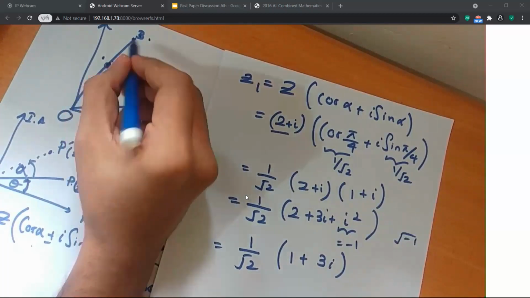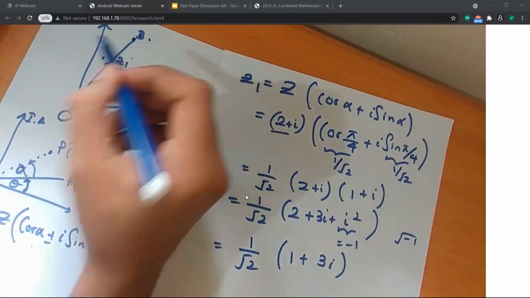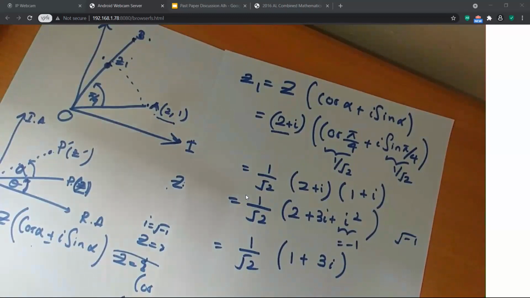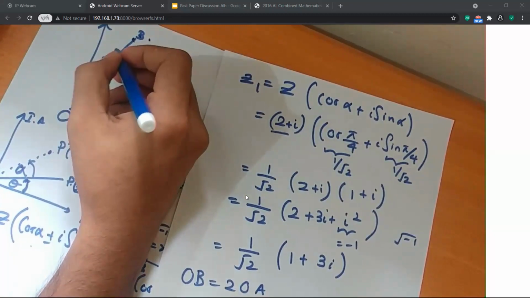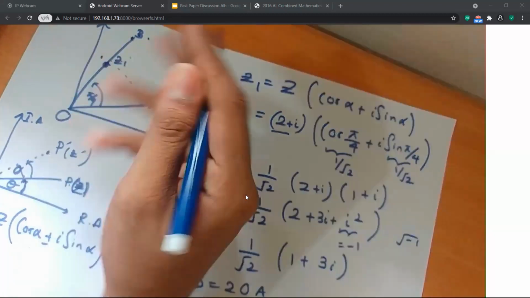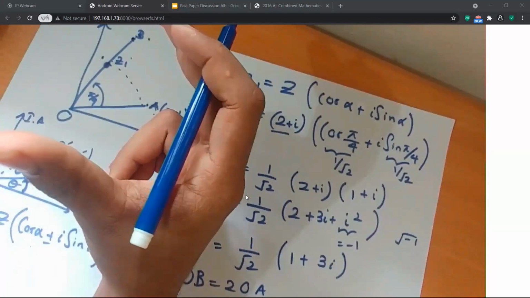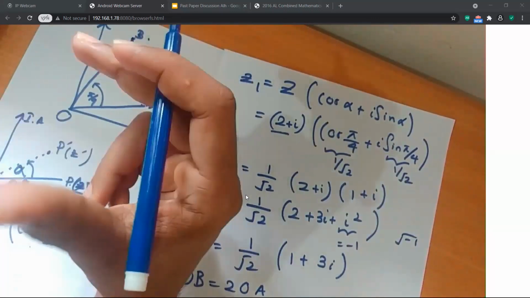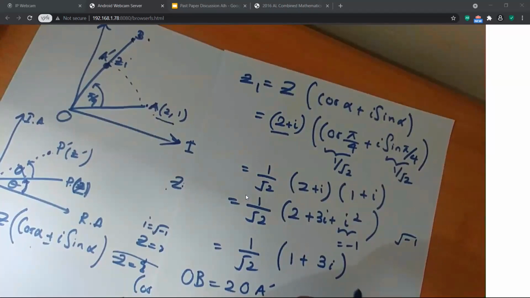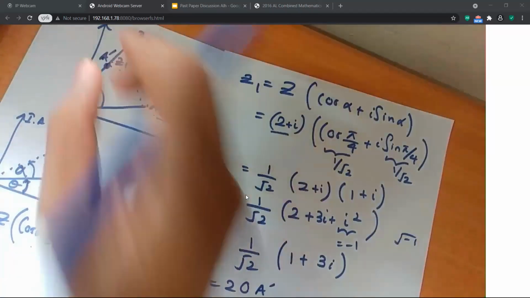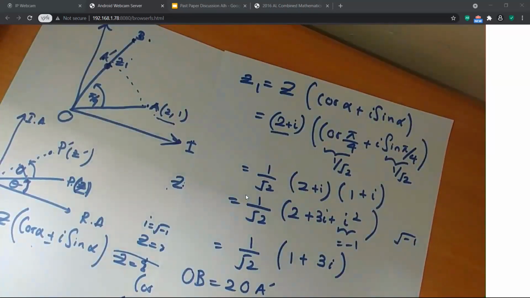Now what we need to find is B. Because OB is given as twice OA, let's take A dash as this point. It's on the same line, so it's the same complex number, but it needs to be multiplied by a factor of 2.